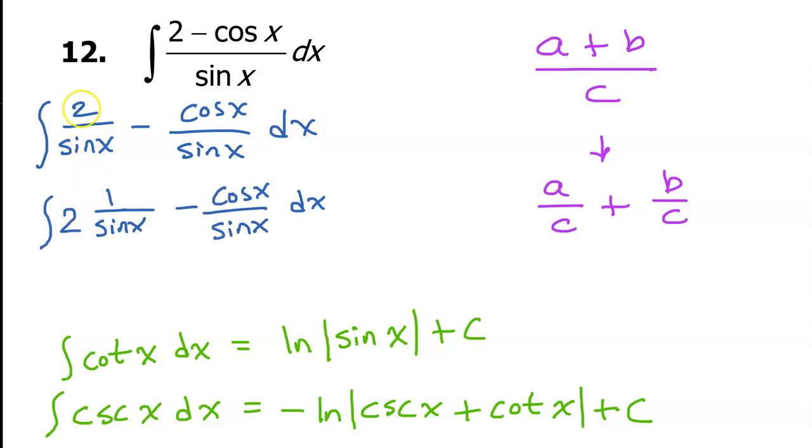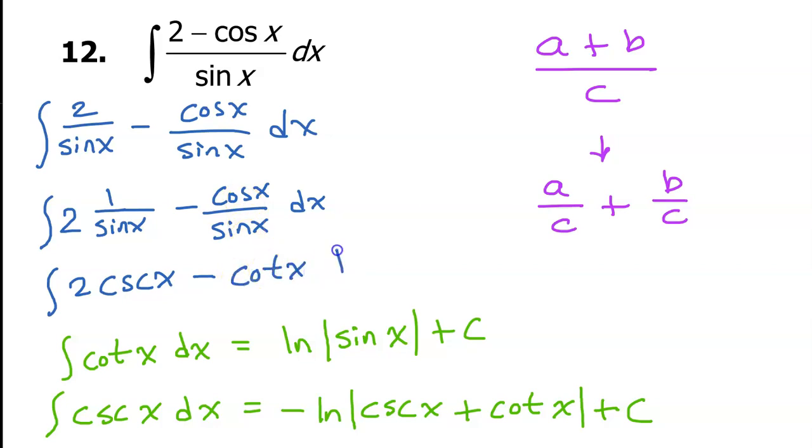I'm going to move this 2 from the numerator off to the side to make it more obvious what's going to happen next. Specifically, I will have 2 times cosecant. The reciprocal of sine is cosecant x. And of course, cosine over sine is cotangent.